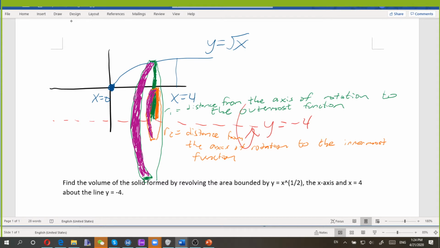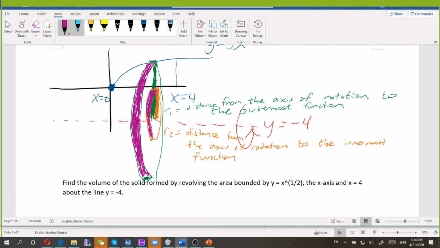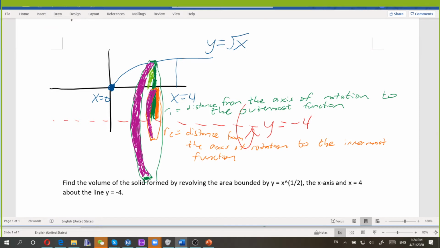So what we're really doing is taking the area of one large disk and cutting out the area of one smaller disk from it. So I'm going to do this in a slightly lighter green so I can still see my radius there. One large disk.